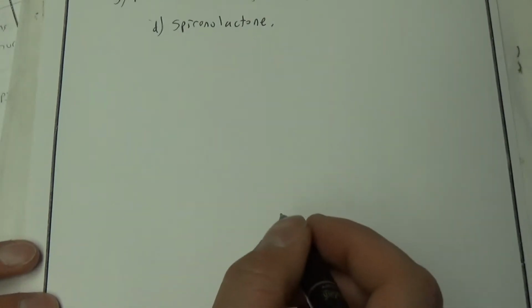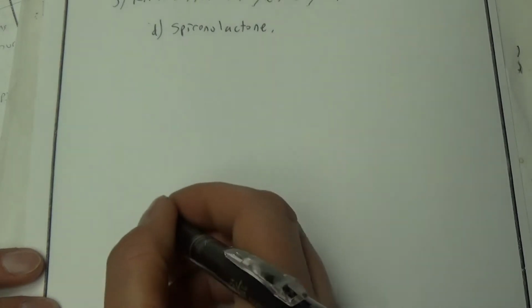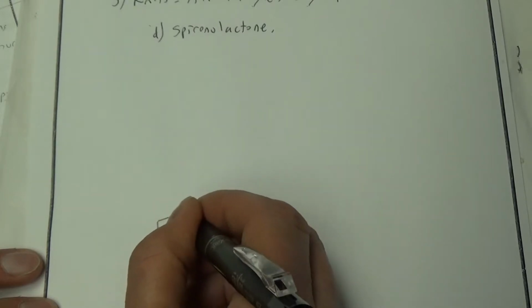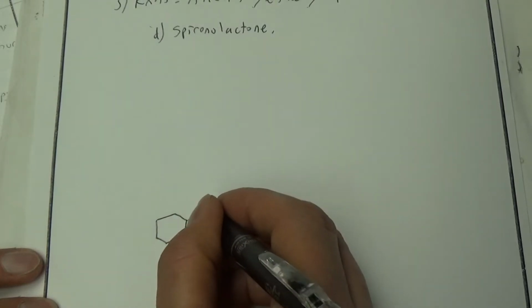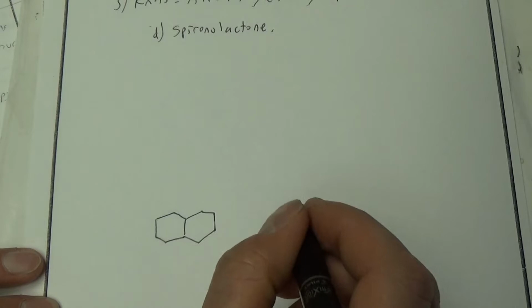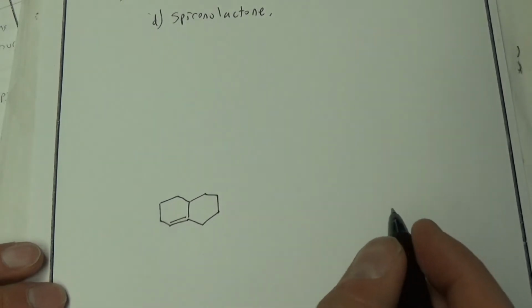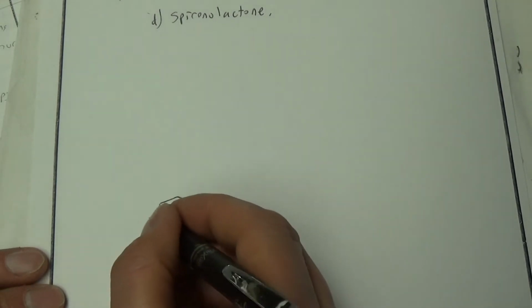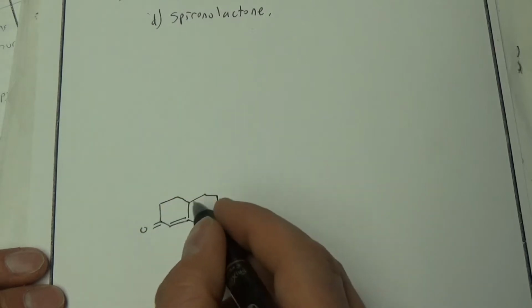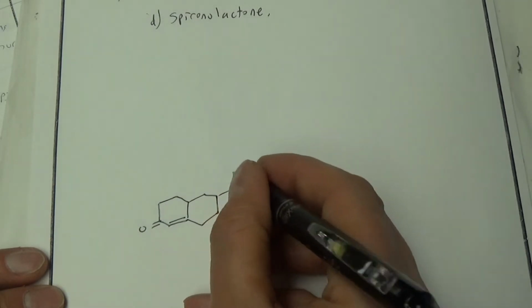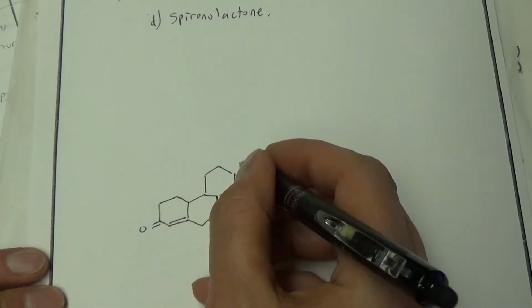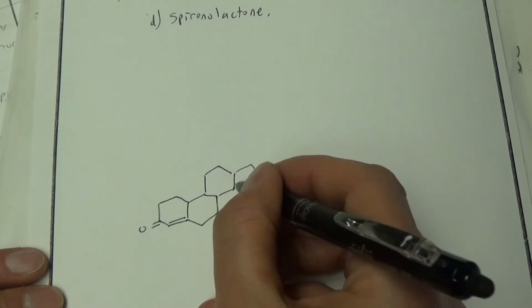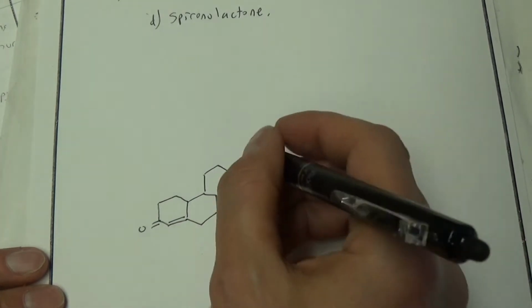Alright, so the spironolactone molecule is a steroid. And steroids have this six-member ring, 5-member ring, sorry, 6, 6, 6, and then 5 structure. We have a methyl.